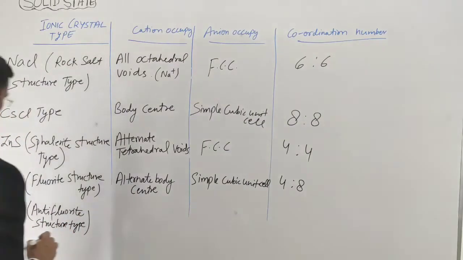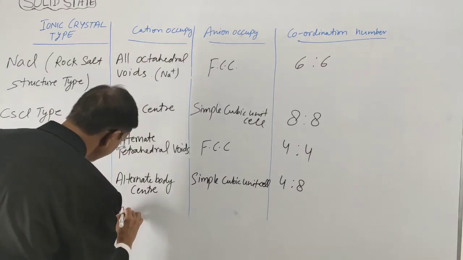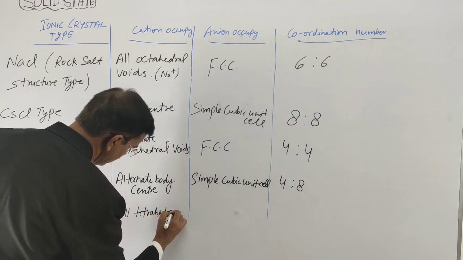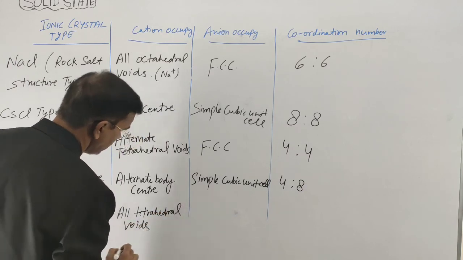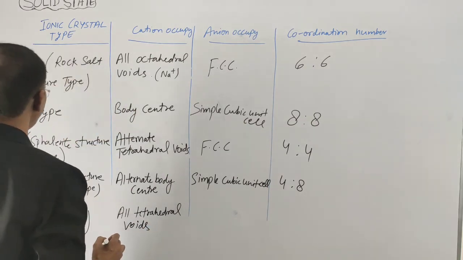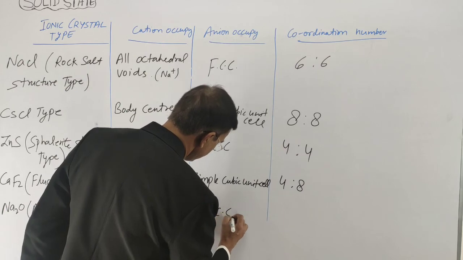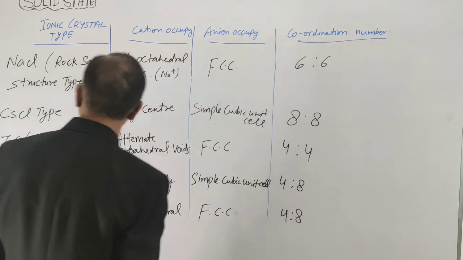All tetrahedral voids are occupied by the cation, and the anion forms the FCC structure. The coordination ratio will be 4:8.